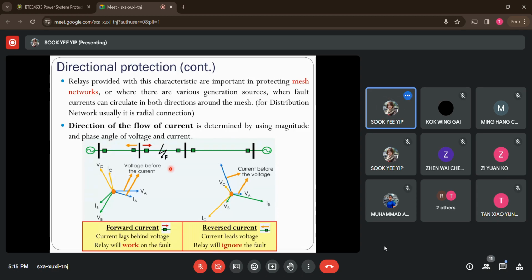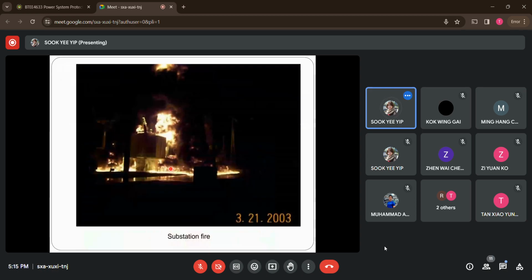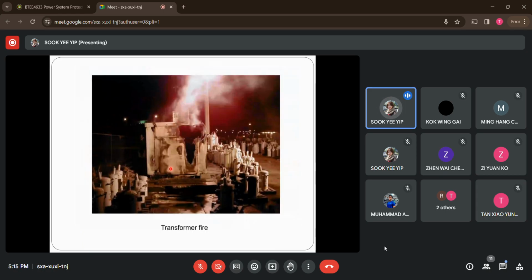Okay, so now we are reaching the end of this chapter 1. There are some pictures that I can show you of what happens if we have an electrical fault. For example, we could have a substation on fire due to short circuit. And this one is a situation where we have smoking transformers.